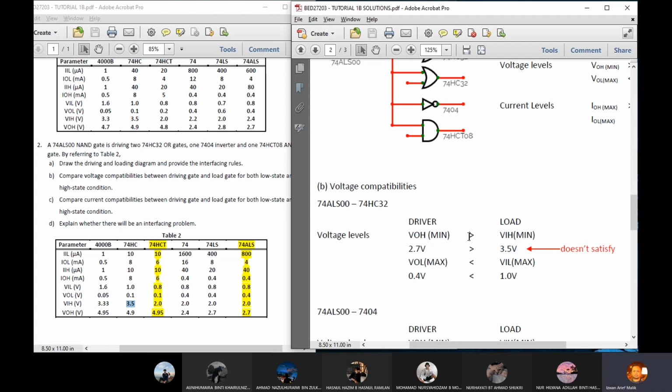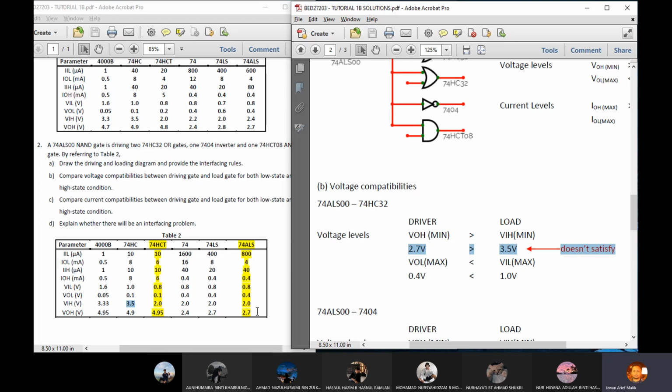Supposedly VOH greater than VIH, but unfortunately when we take the values of these parameters, 2.7 is smaller than 3.5. It means it does not satisfy this equation. And this arrow is wrong. The arrow should point to the left, not to the right. So it doesn't satisfy the equation for this part here, for voltage level at high state between 74 ALS and 74 HC.